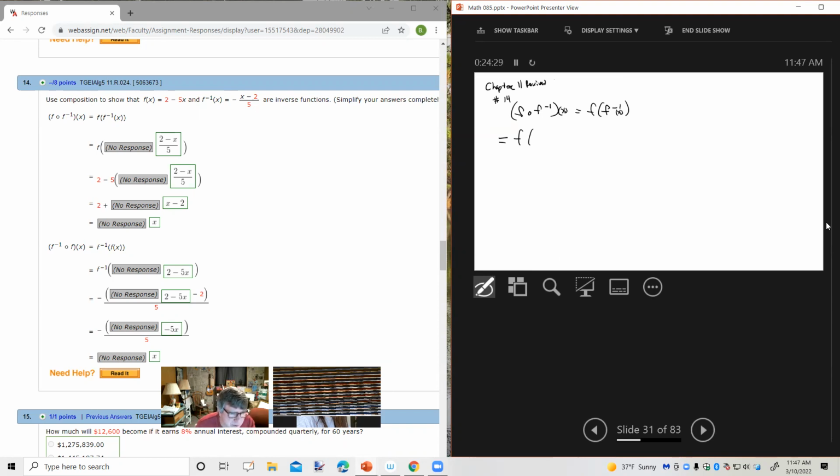Let's see, f inverse would be negative, okay, I see what they did. Over here in the boxes, these are what's supposed to be in the response. They took what I have in parentheses and they cleaned it up.